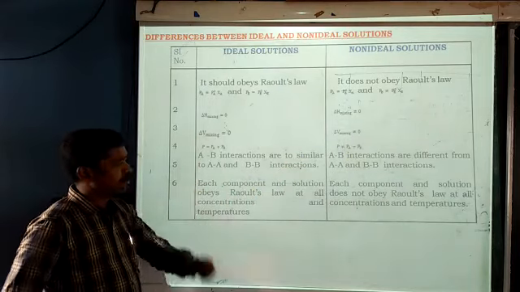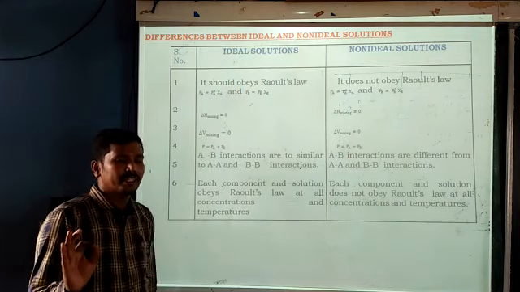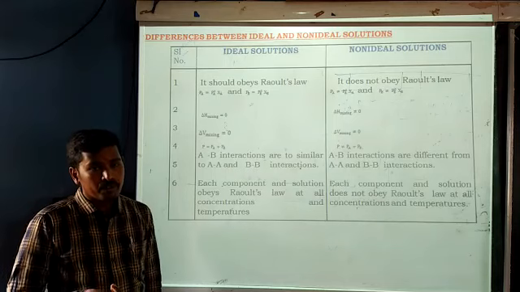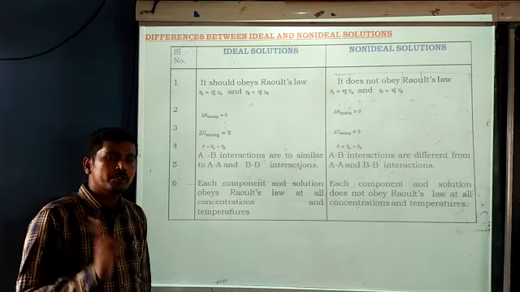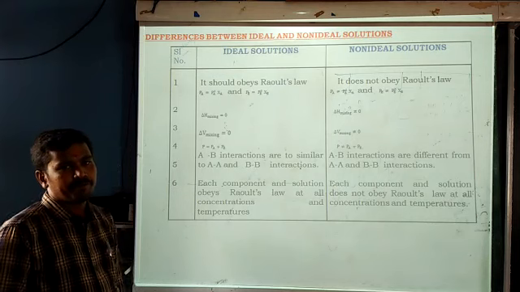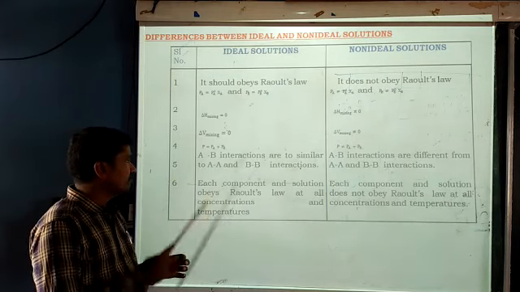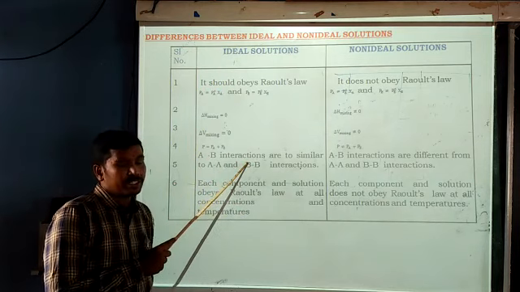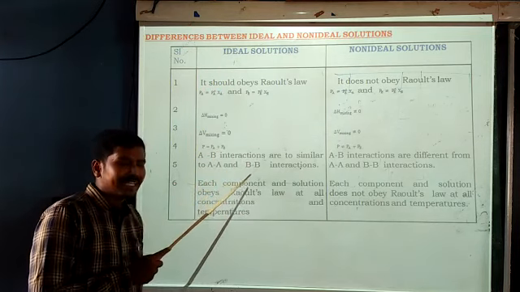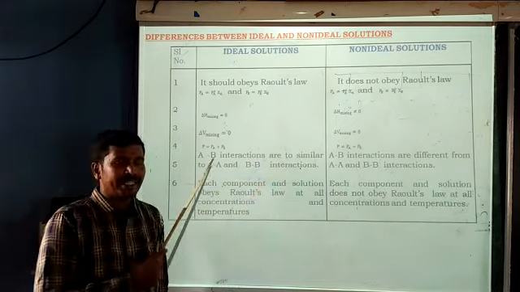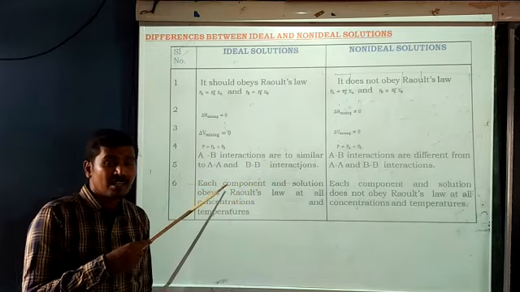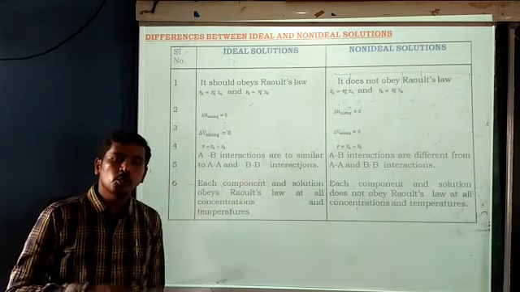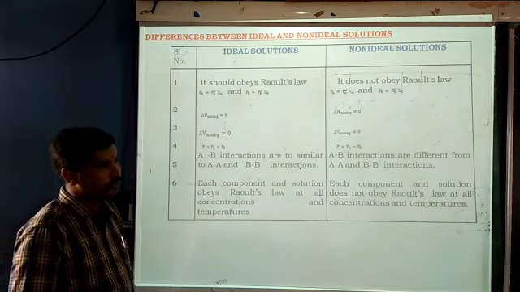And in case of an AB solution, once again I will tell you, if you consider solute is B and the solvent is A, then in ideal solutions the AB interactions, that is solute to solvent interactions, are similar to the AA interactions, that is solvent to solvent interactions, and the BB interactions, that is solute to solute interactions.